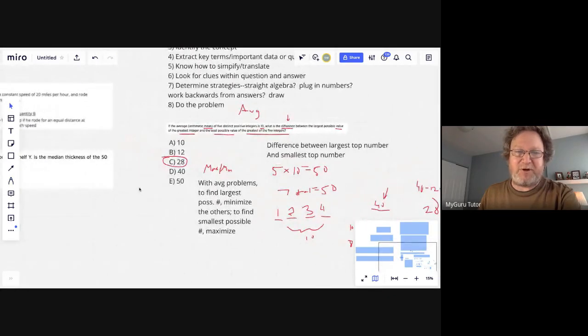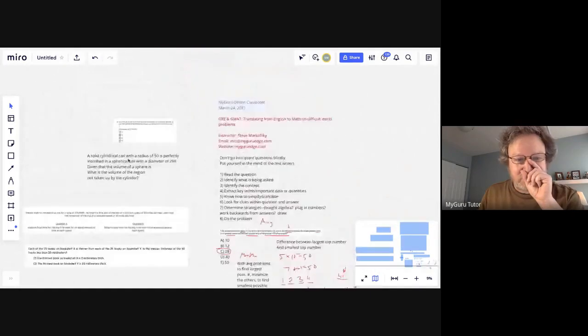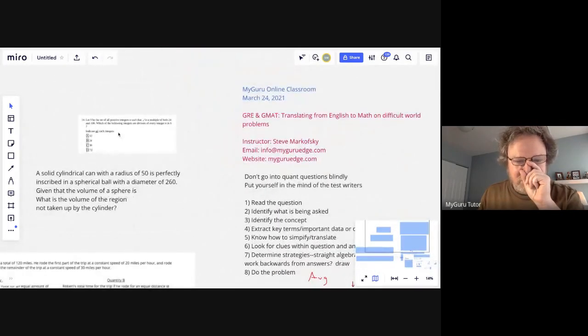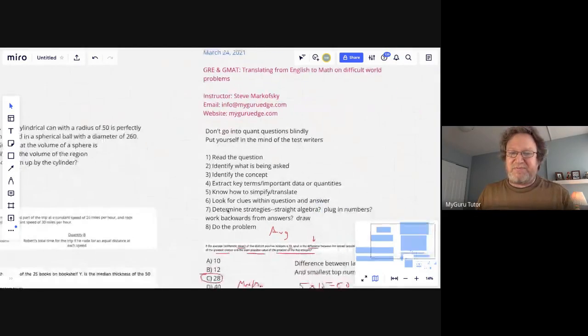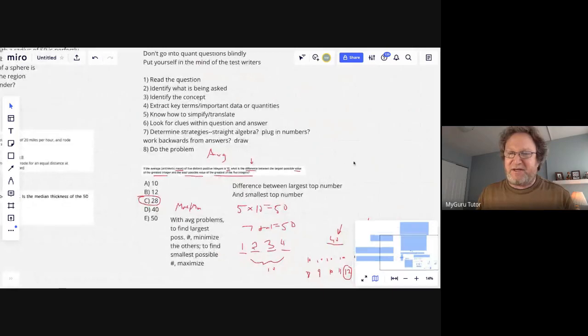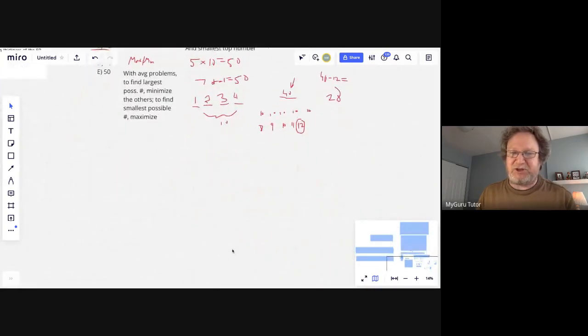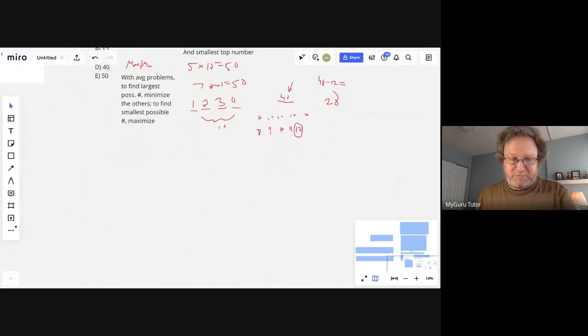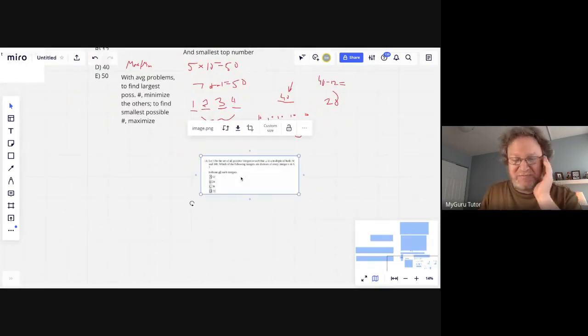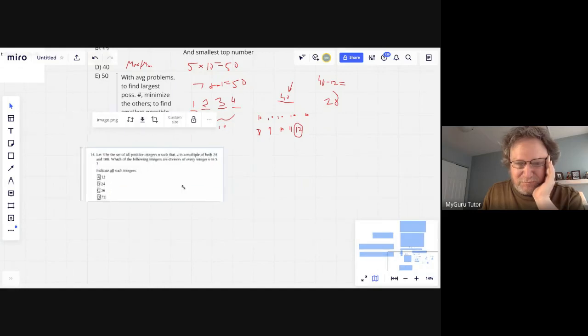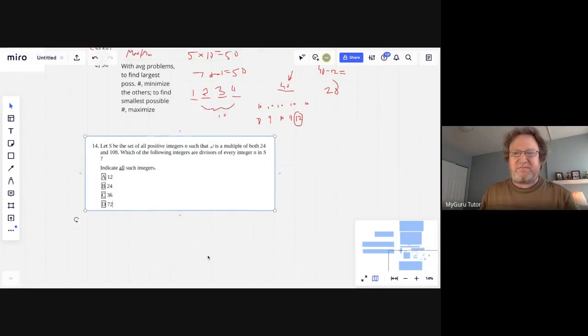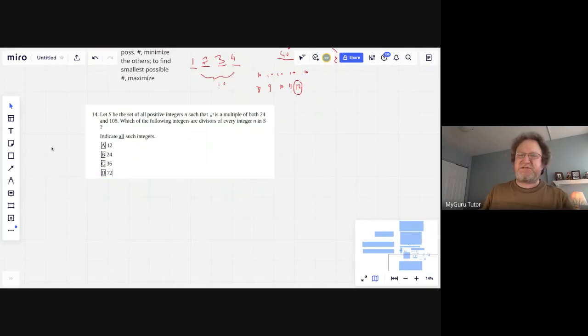This is another GRE one. This is a hard problem. This particular problem shows up quite often in challenging GRE problems. I'll let you give yourselves maybe about 30, 40 seconds to read it and see if you can figure out what it's actually asking.